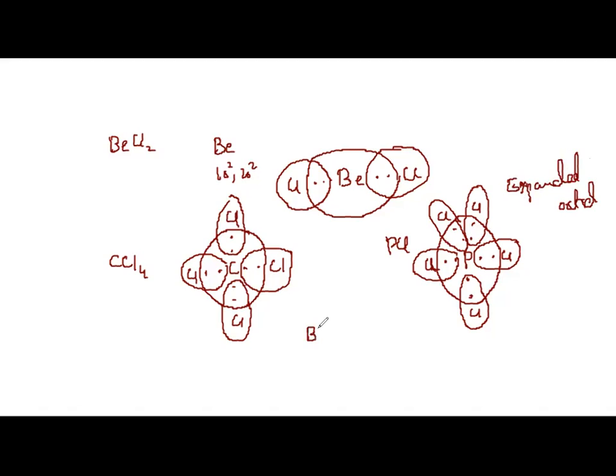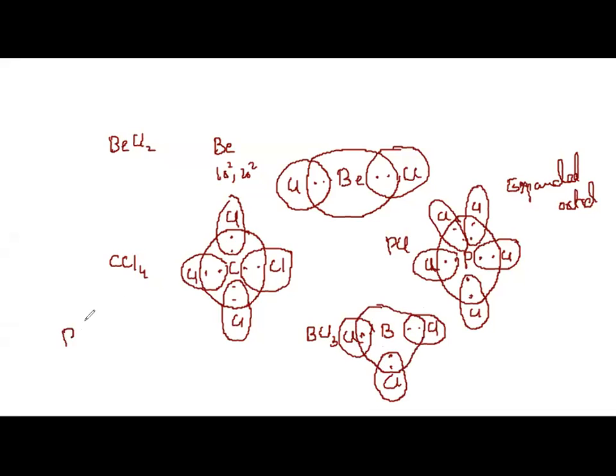If you look at BCl3, boron has atomic number 5, so there are 3 valence electrons, and all 3 are involved with chlorine, wherein all the 3 chlorine atoms complete their octet. But what about boron? Boron has only 6 electrons.